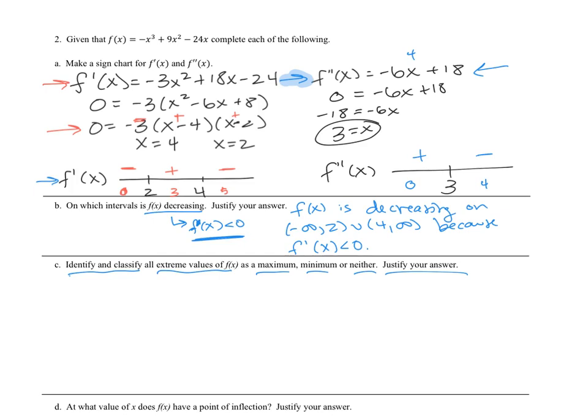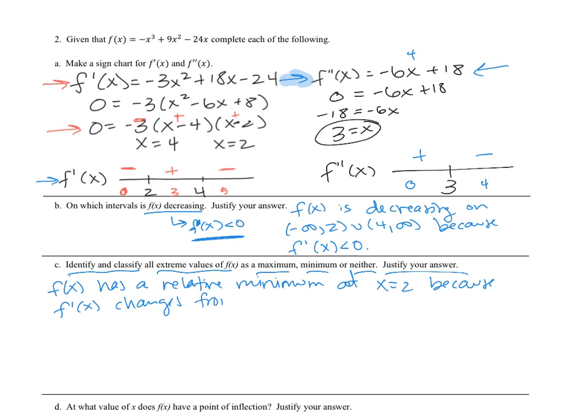So I'm just going to start with the first one. I'm going to say f of x has a relative minimum at x equals 2 because f prime of x changes from negative to positive.